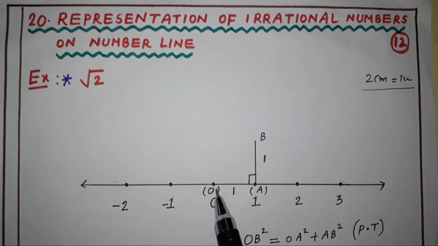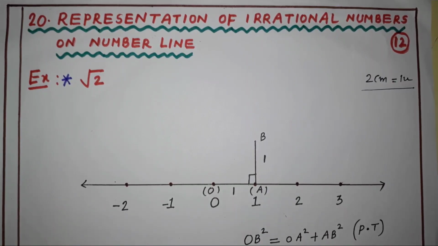Nothing but 0 and 1, 1 and 2, 2 and 3 with the same distance. For my convenience, I took every distance as 2 centimeters, which I considered as 1 unit. So this is 1 unit, this is 1 unit and so on. This 0 I took as O, this 1 I took as A.